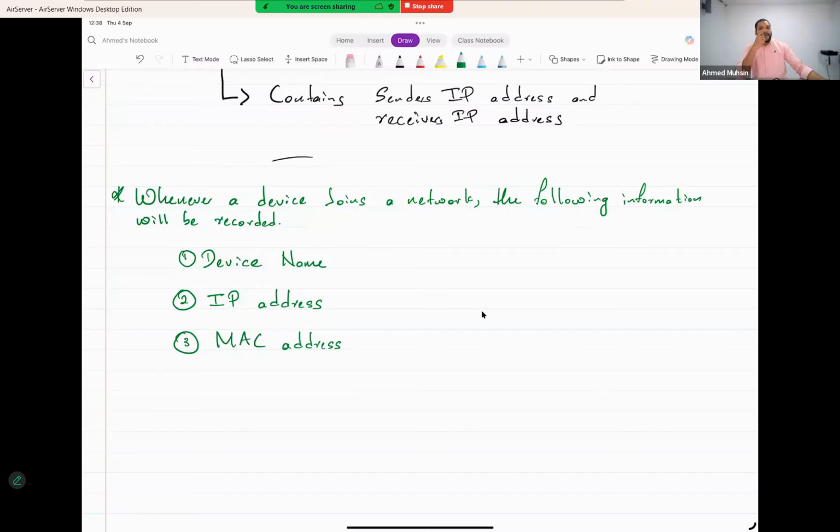Okay. Guys, take this down. Whenever a device joins a network, the following information will be recorded: device name, IP address, and your MAC address. Are we good?